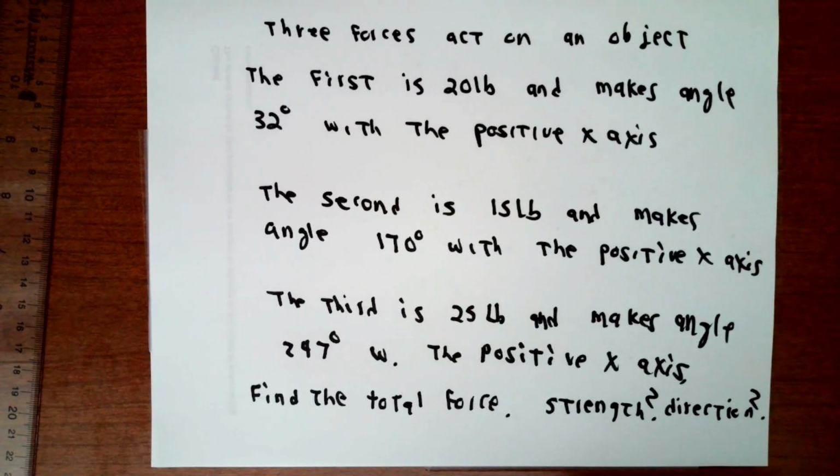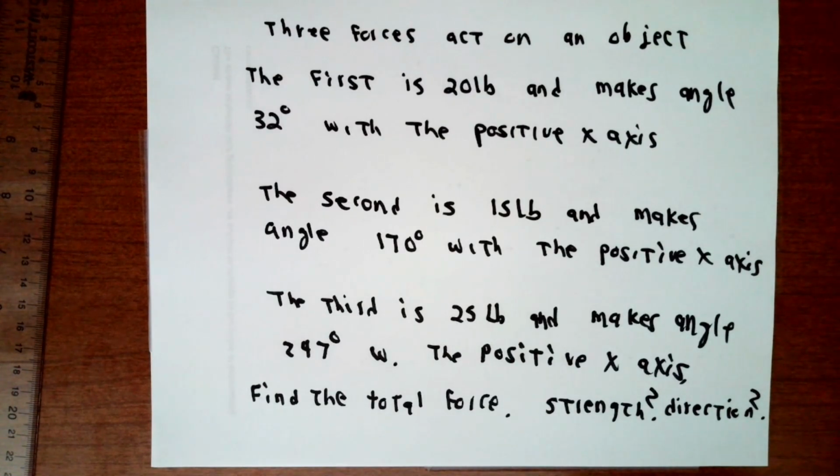The first force has strength 20 pounds, and it makes an angle of 32 degrees with the positive x-axis. The second has a strength of 15 pounds and makes an angle of 170. The third is 25 pounds in strength, and it makes an angle of 247 degrees with respect to the positive x-axis.